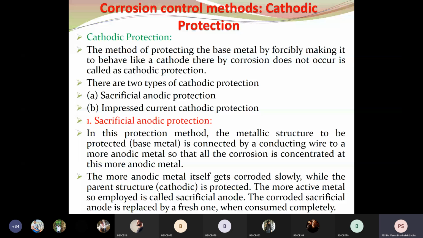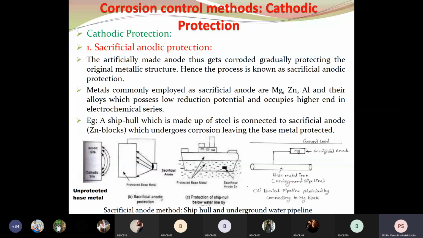So for example, you see the diagrams here. On the right side, the base metal, for example iron, is connected to a magnesium block, which is a sacrificial anode. Your base metal acts as a cathode.